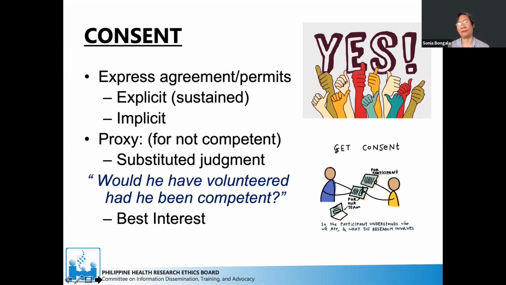And if, for example, children, the young ones, the one who cannot give assent, it's the parent who will give the consent. And the parent usually looks after the best interest of the child and enrolls the child in a study.